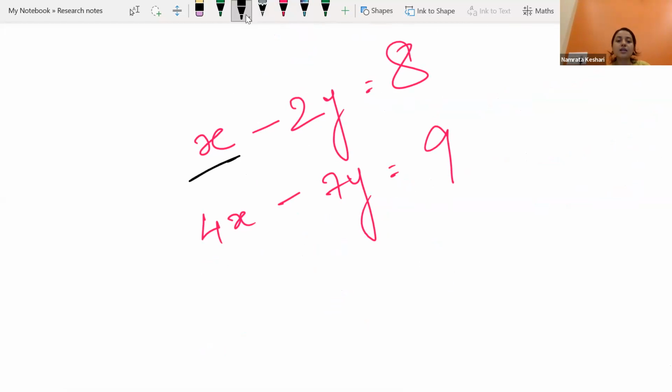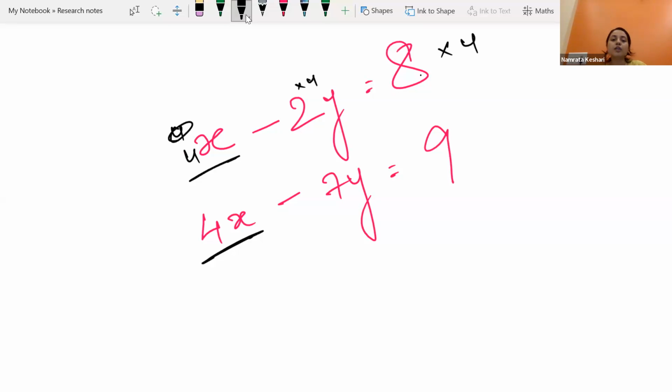Here x is there, here 4x is there, so we understand it is easier to make 4 over here. We just need to multiply this equation by 4 and we'll have 4 over here. Here also 4 multiplied and there also 4 multiplied. So you need to pick the variable where making the coefficient the same will be simple.